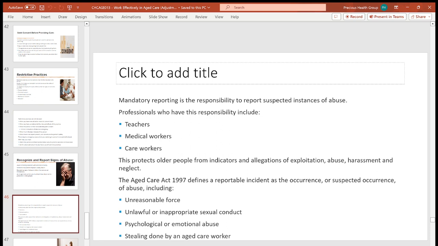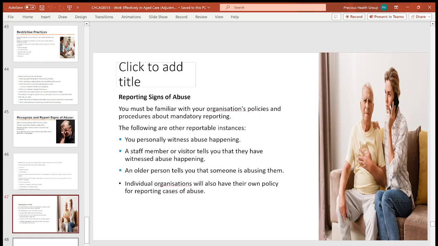The Aged Care Act 1997 defined a reportable incident as the occurrence or suspected occurrence of abuse, and this includes unreasonable force or use of unreasonable force, unlawful or inappropriate sexual conduct, psychological or emotional abuse, stealing done by aged care workers, to mention but few. If we identify this, it is our responsibility to report these signs.